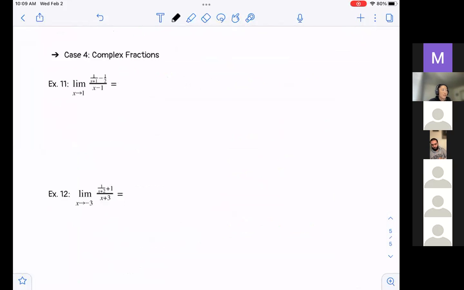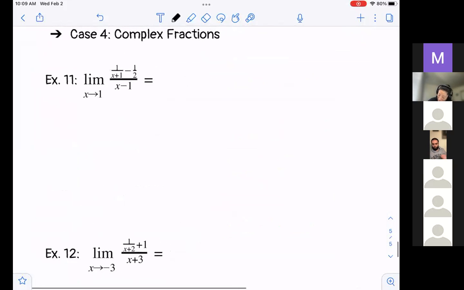Well, turns out we start the same way. We plug in our x value, we see if there's a hole or not, and then we go from there, right? Because it could be a not weird point. But in here, for example, 11, if we go ahead and plug in 1, we're going to get 1/2 minus 1/2. Well, that's already going to give me a 0 in the numerator, but the one I really care about is, am I going to get a 0 in the denominator?